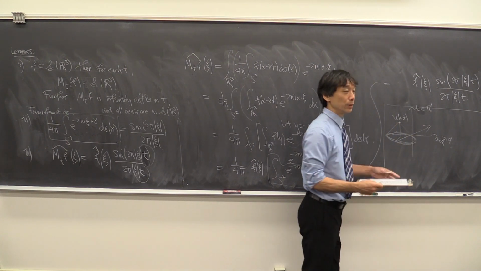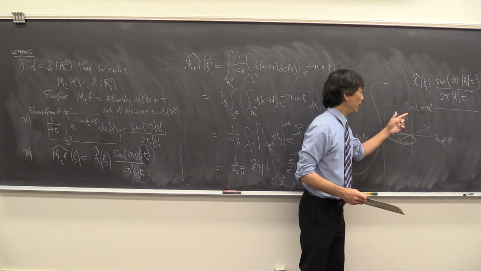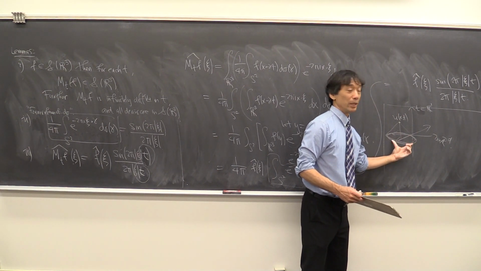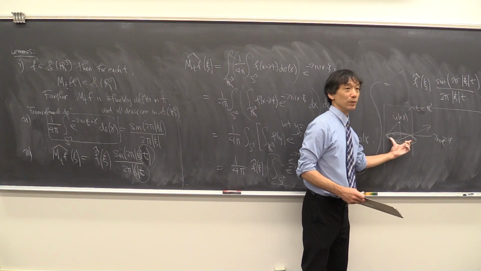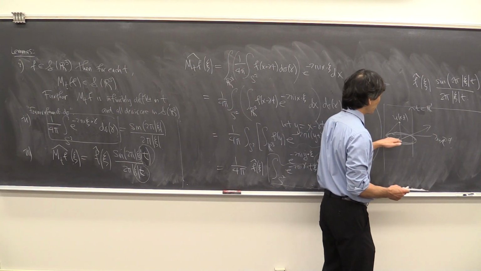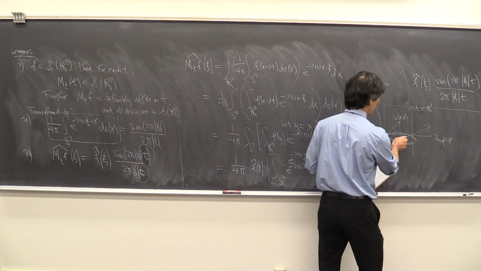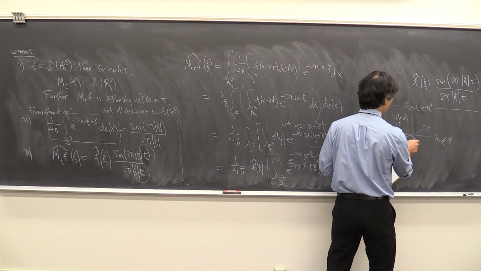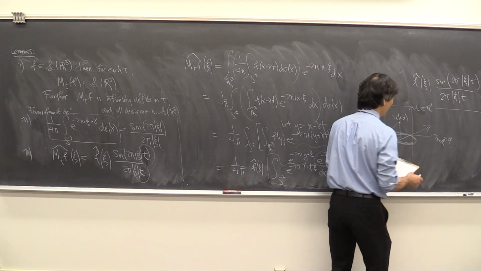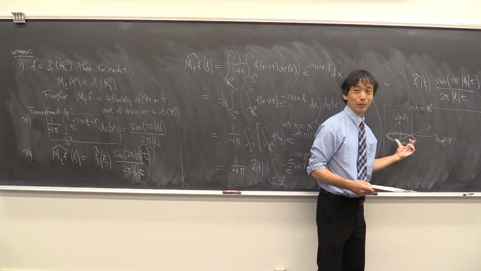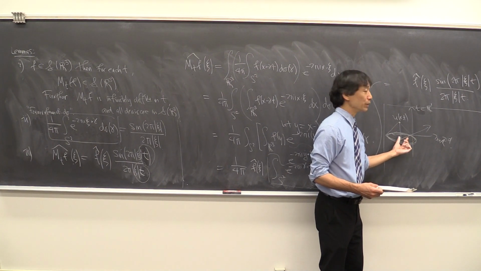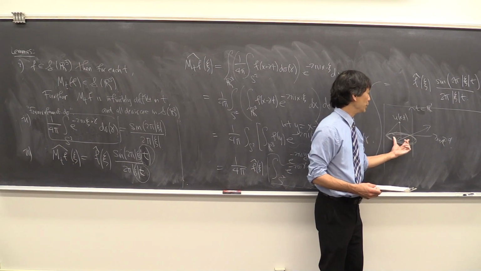The solution at this point in time depends on the data at time 0 at the base of this cone here, right? Because you're taking the averages of the function on the sphere. This is R^d, so you think of this as a sphere. You're taking averages over the sphere of the initial data, the f and the g.